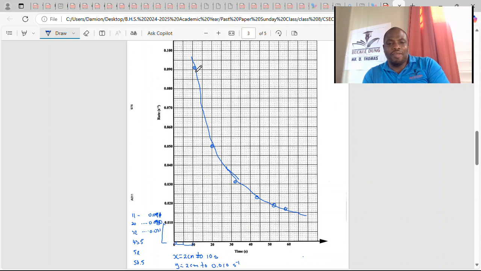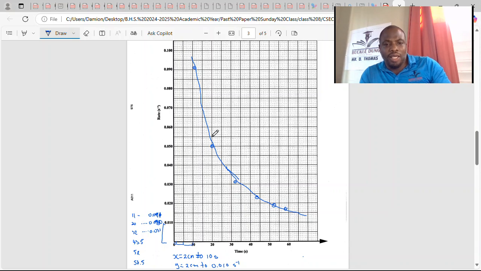Let me explain in terms of Jennifer and Michael. The two of them were able to get that 100 centimeter cubes of the hydrogen gas within 11 seconds, which means fast, right?